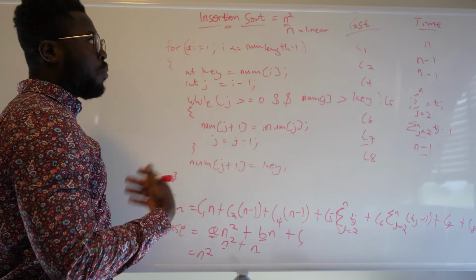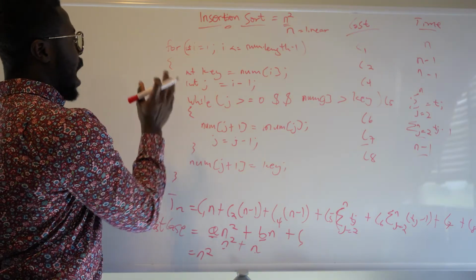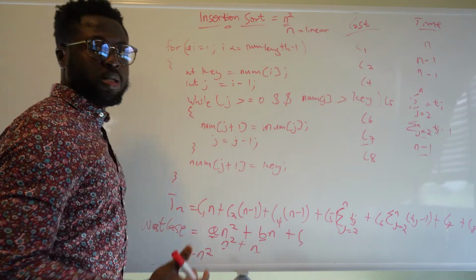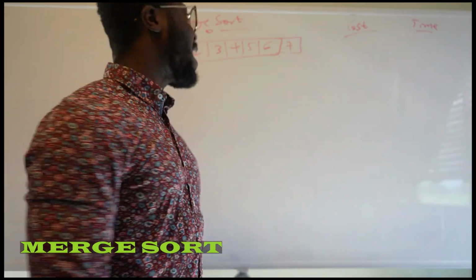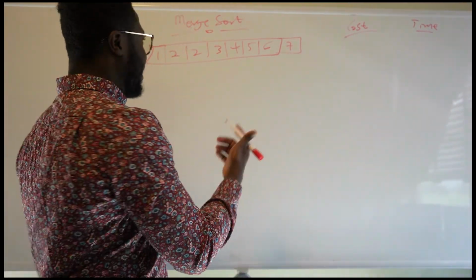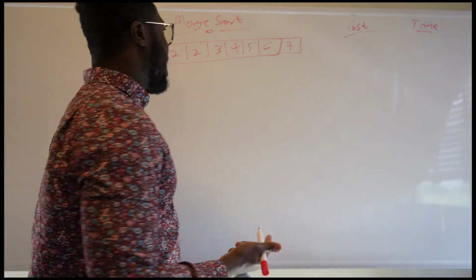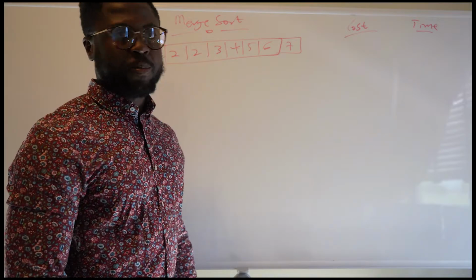That is the time complexity, how long it takes this algorithm to sort n inputs. So we are going to analyze merge sort and compare it to insertion sort, and after that we will decide which algorithm to go with.